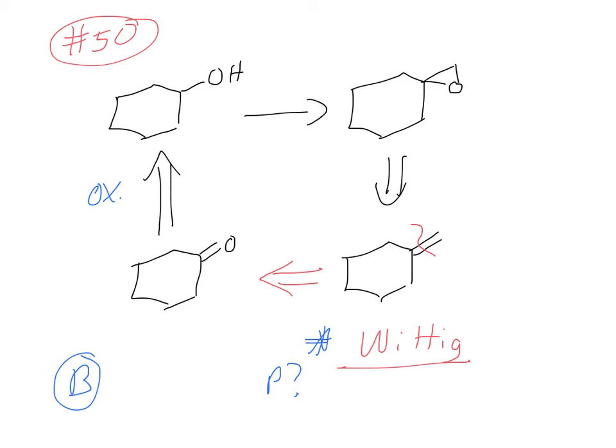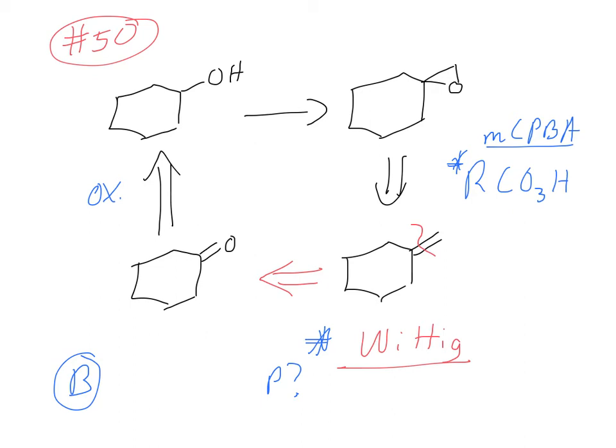And then RCO3, this is equal to MCPBA. That makes epoxides. So the other way to look at it is if you recognize this reagent, RCO3, the last thing you do is make the epoxide, because that's the final product. That RCO3 should be the last reagent you use, and that's also in B.